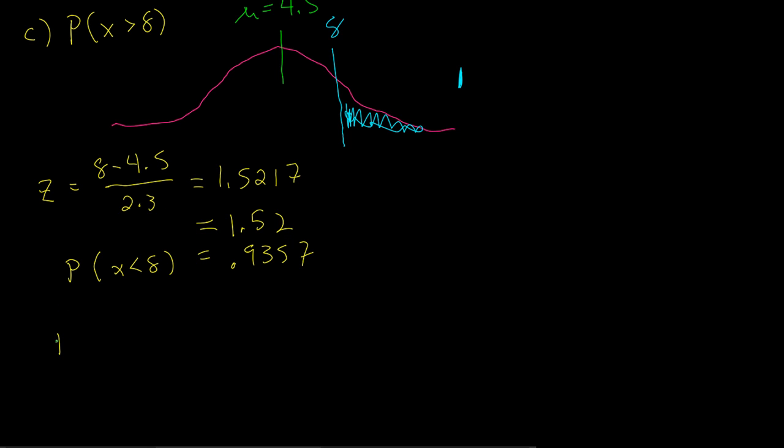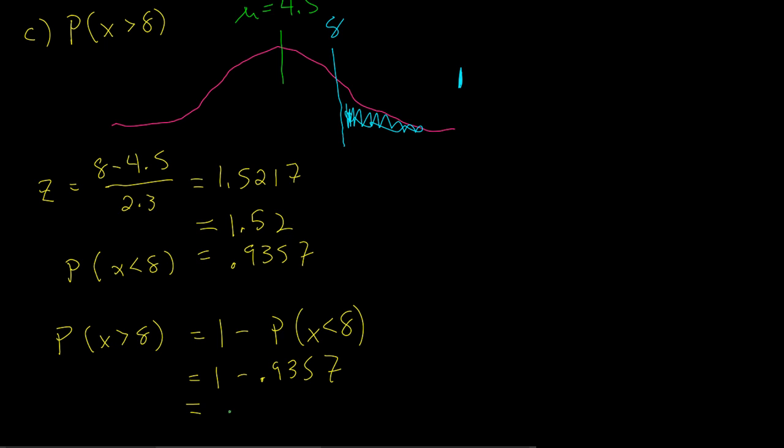And so the probability that x is greater than 8 is 1 minus the probability that x is less than 8, which is equal to 1 minus 0.9357, which is 0.0643.